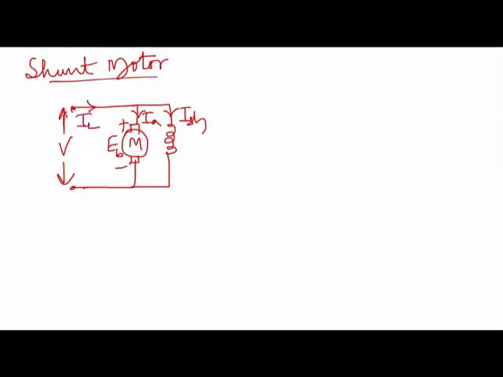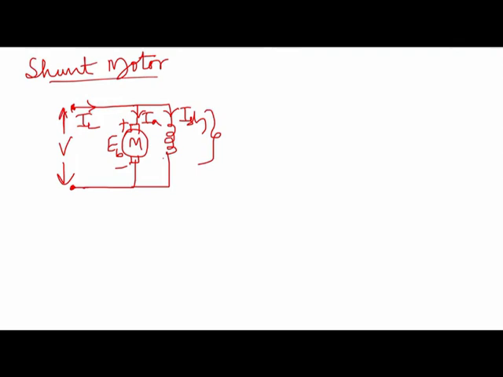Whenever the current flowing through the field winding changes, the flux produced by the field winding also changes. If there is a high current, the flux produced will be high. If there is a low current, the flux produced will be low. In a DC shunt motor, the applied voltage is always constant; it will not change.